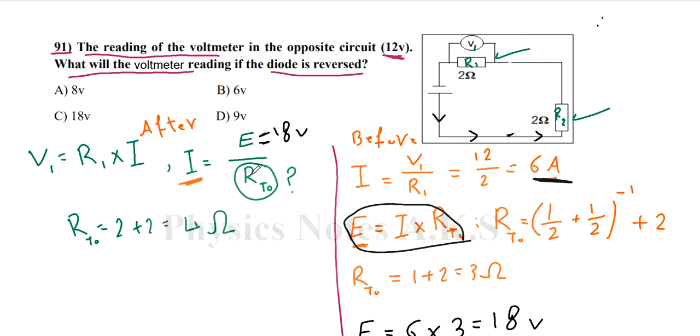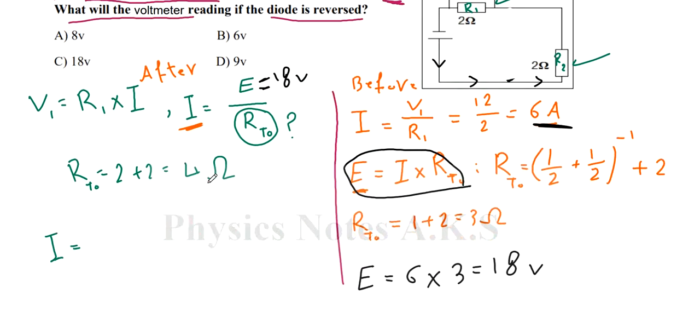Now I can find the current after reversing. The current is 18 over 4, which is 9 over 2, it's 4.5 ampere.